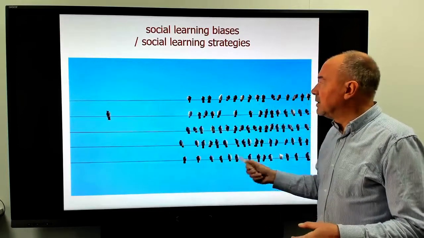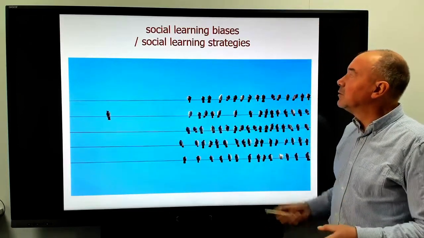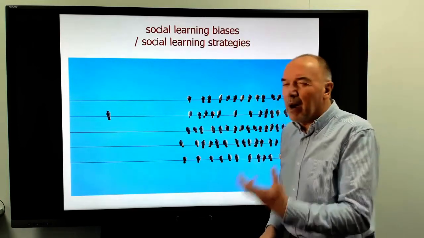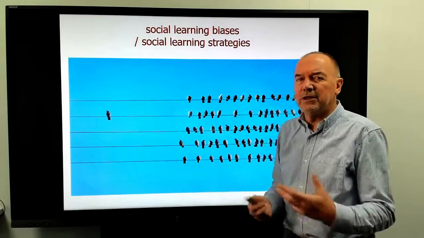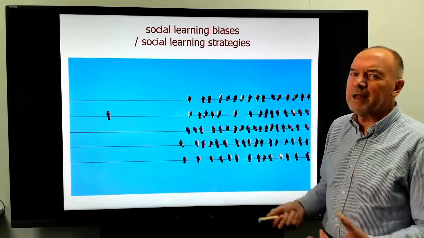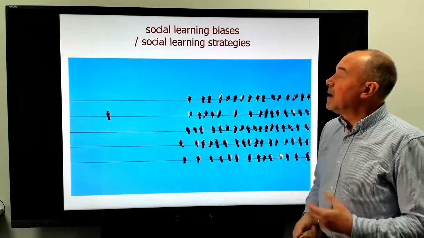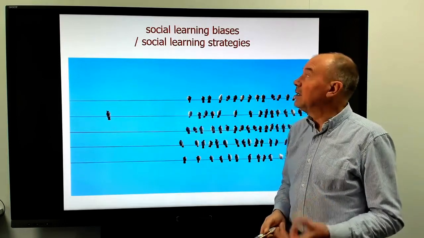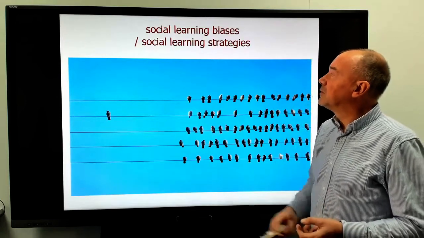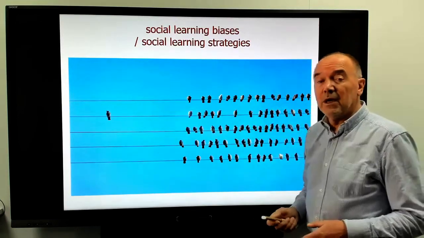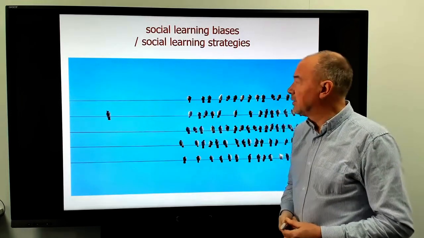Following the majority is often a useful, simple rule, which underlines that although this expression biases may initially lead to an impression that we're talking about something maladaptive, a bias that's maladaptive, no, and that's why my colleague Kevin Laland said that it might be more useful to call these social learning strategies, and that's what you're going to hear about from Rachel Kendal in lecture 3.